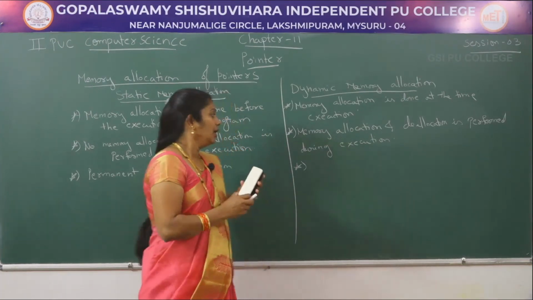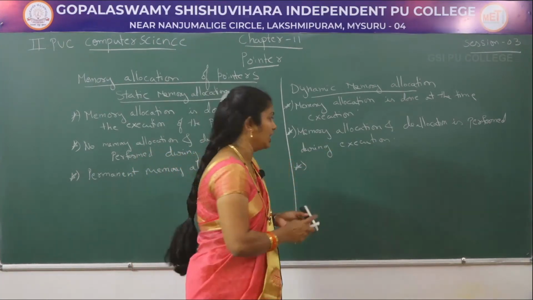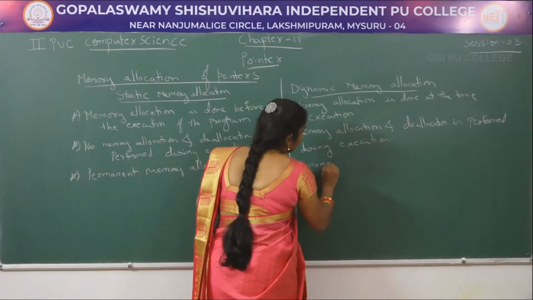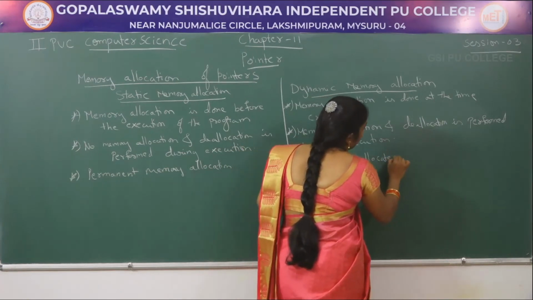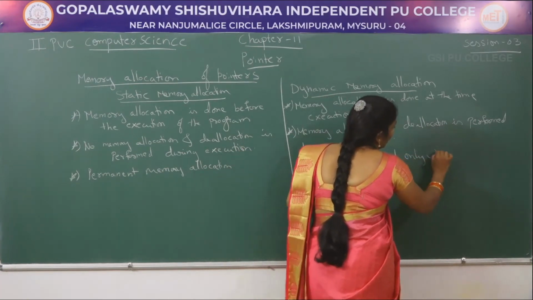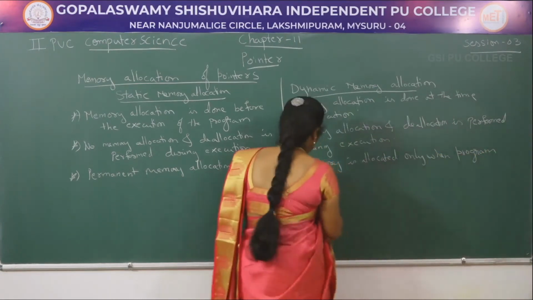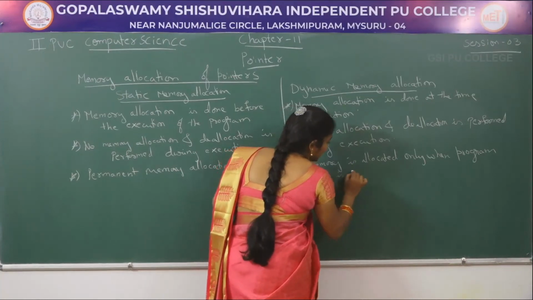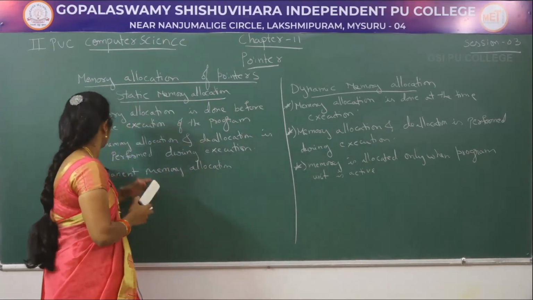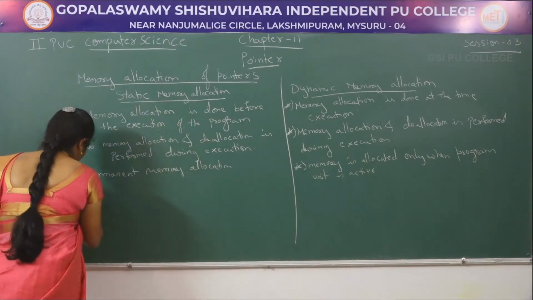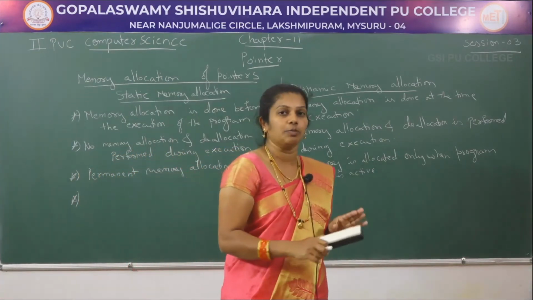The main thing is, the memory will be allocated only when the program unit is active. And with that, obviously I told you, in static the memory is permanently allocated, and nobody else can use that space.